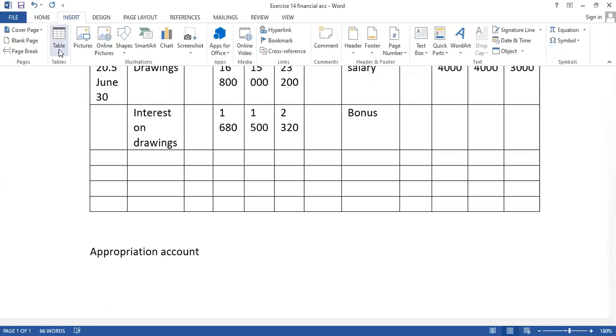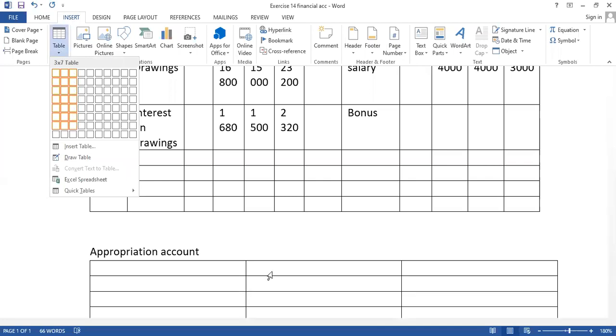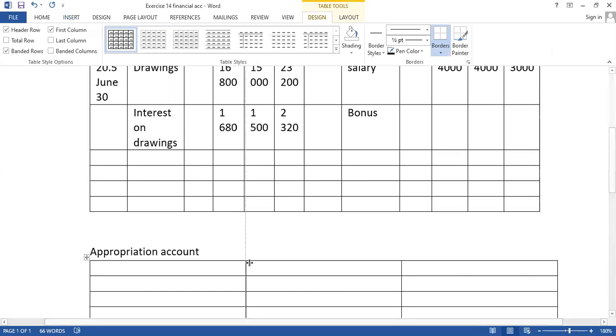A table, and then you have three columns. An appropriation account is usually drawn up after the income statement.